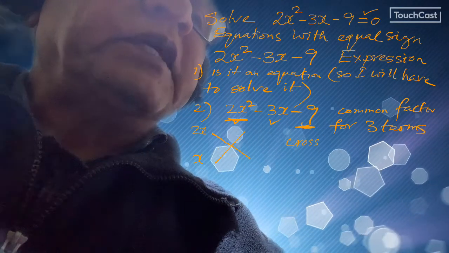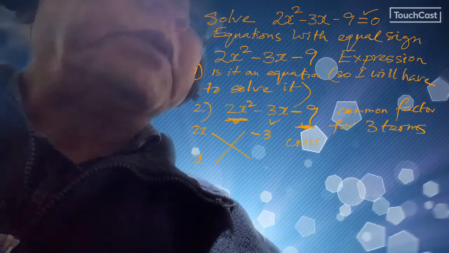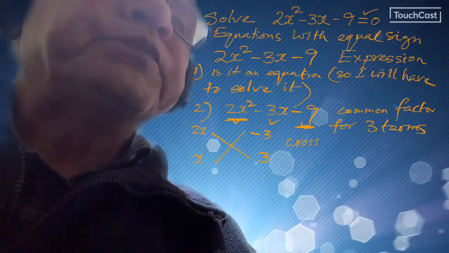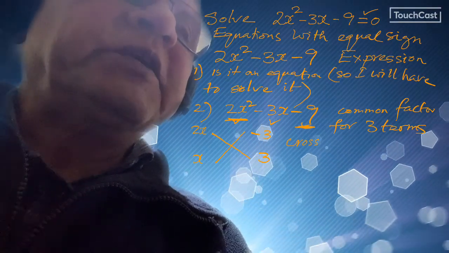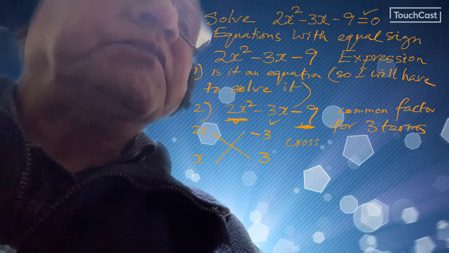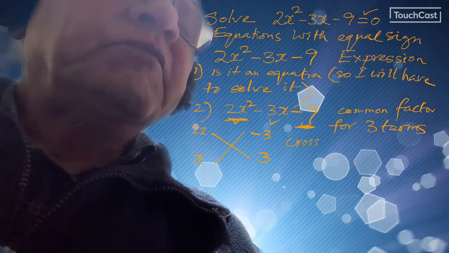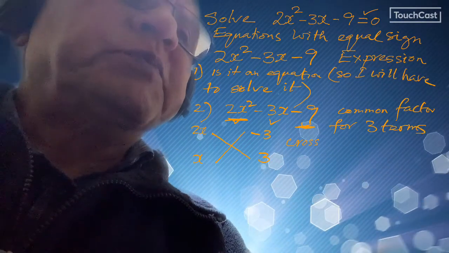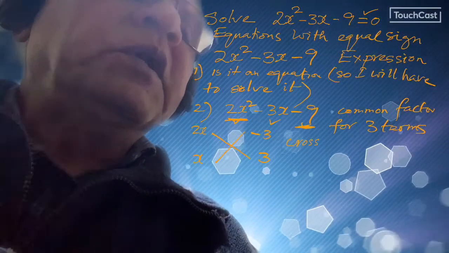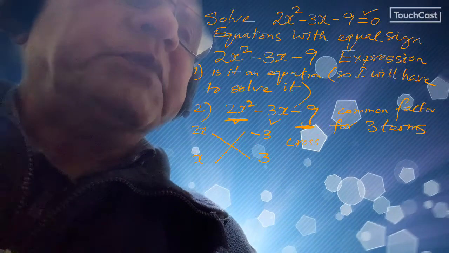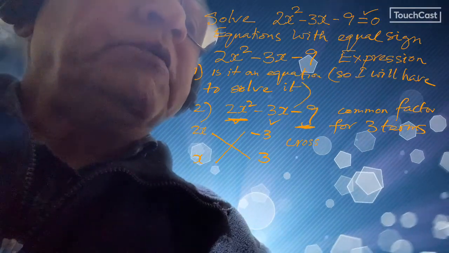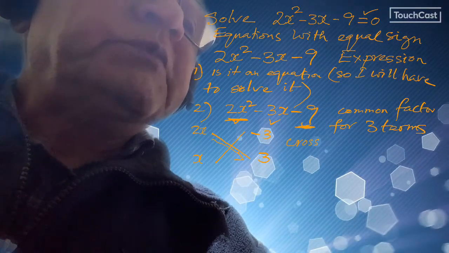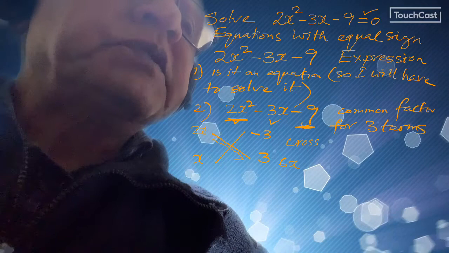We know something, negative 3, if I multiply that by a positive 3, that'll give you negative 9. So you got to be very familiar, very comfortable and confident with multiplication, division of positive and negative numbers. Now if I multiply along this branch, that will give me 6x.